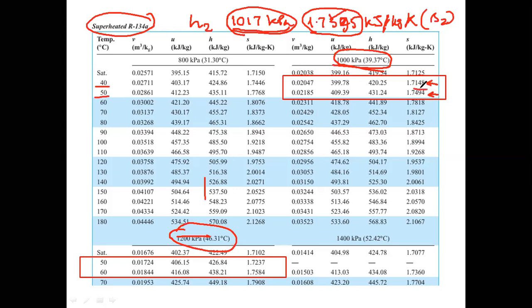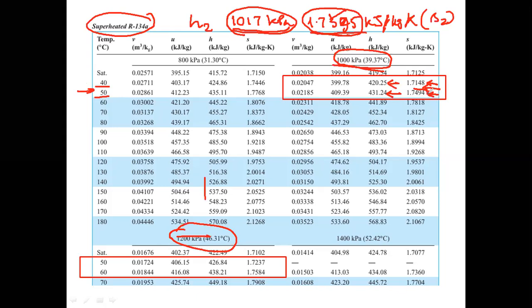Therefore, at 1000 kilopascal, for 1.7395 entropy, the temperature will be between 40 and 50, and the corresponding enthalpy values are also given.